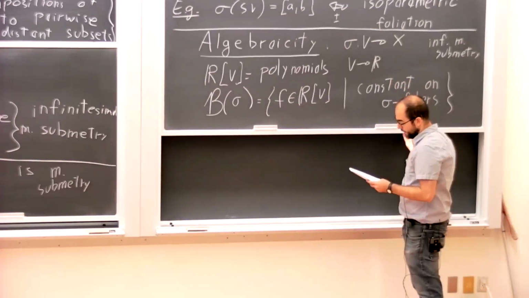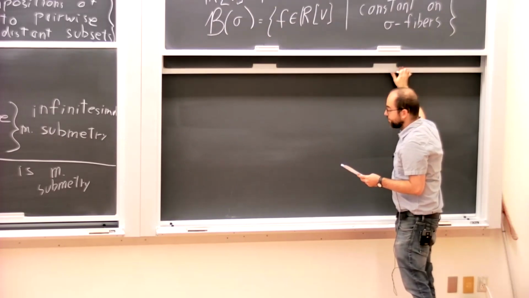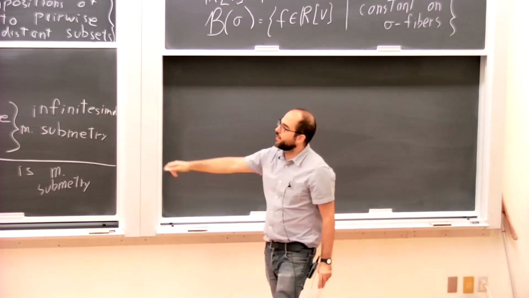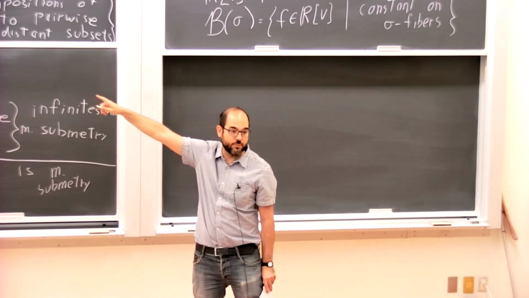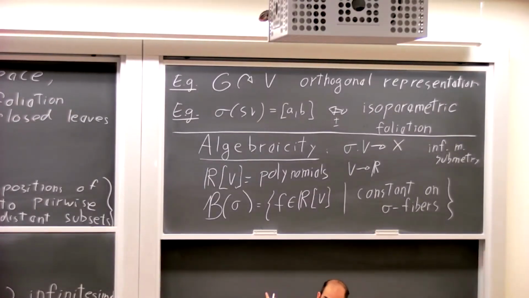Okay, so far I'm just giving a definition. But here you already see where the invariant theory in the title comes from. In the case of an orthogonal representation, this is the algebra of invariants. That's what people study in invariant theory.